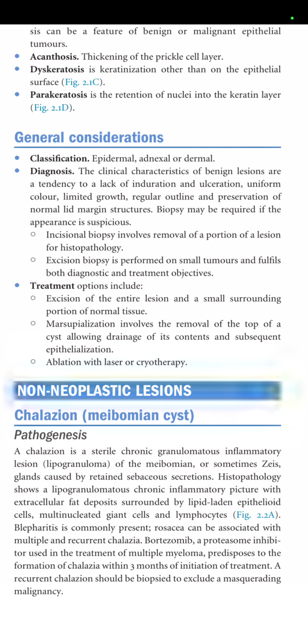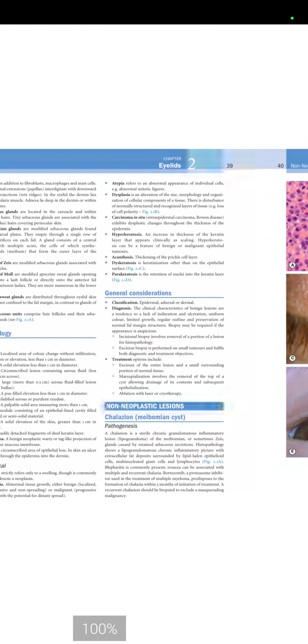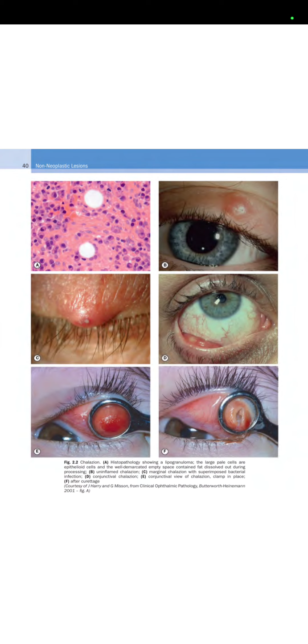And if a patient presents with a repeated lesion and is older than 60 years, then one should always suspect masquerading lesions such as sebaceous gland carcinoma as well. So that's it. Let's see about the biopsy.